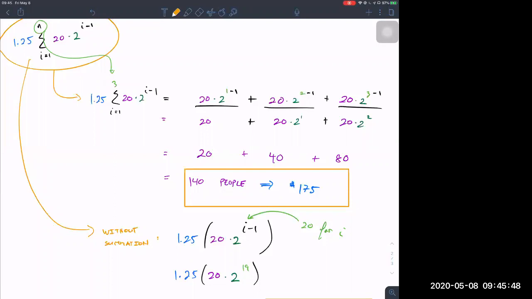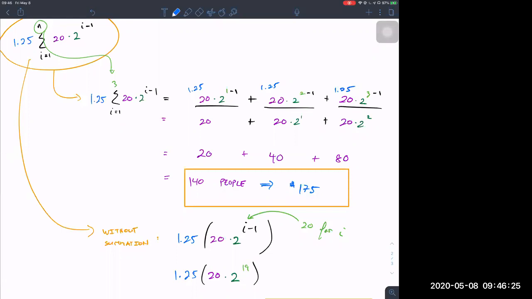Here's the thing, right? If you don't apply the $1.25, that answers the people portion. If you do apply the $1.25 to each of these, in other words, 20 times 1.25 plus 40 times 1.25 plus 80 times 1.25, you still get 175, but then you never get the 140.